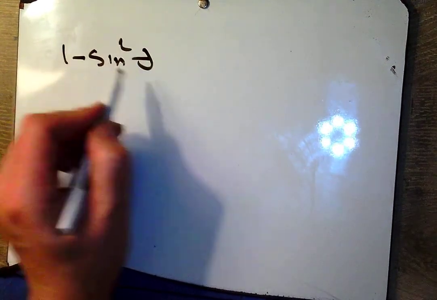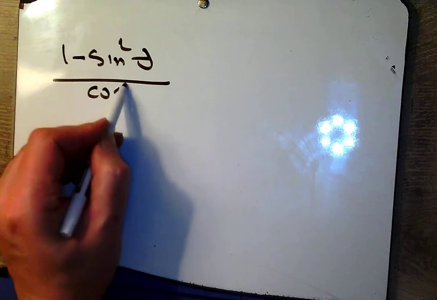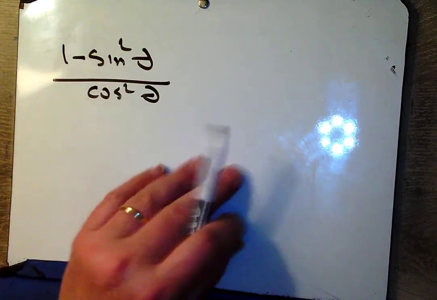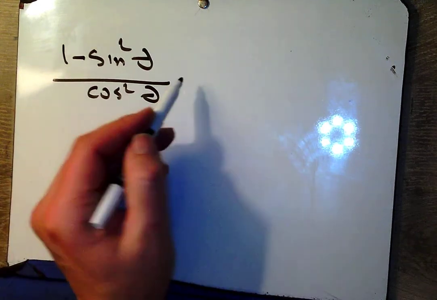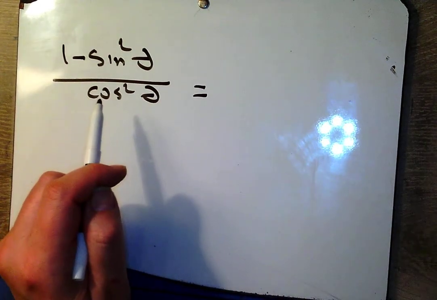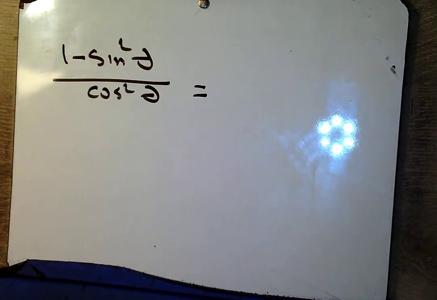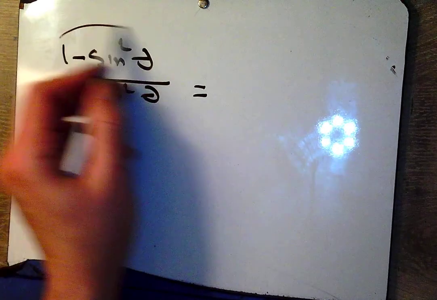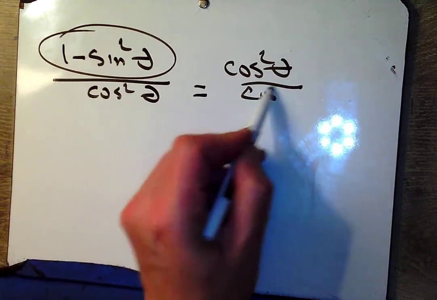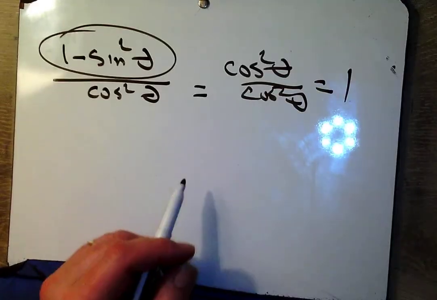It's very interesting because the note here says break this into 2 fractions and then simplify. And I'll do that in a minute, but that's not at all what my brain is thinking right now. On day 5 of working with identities, my brain is thinking, hey, isn't 1 minus sine squared cosine squared? And so now I've got cosine squared over cosine squared, which is 1.